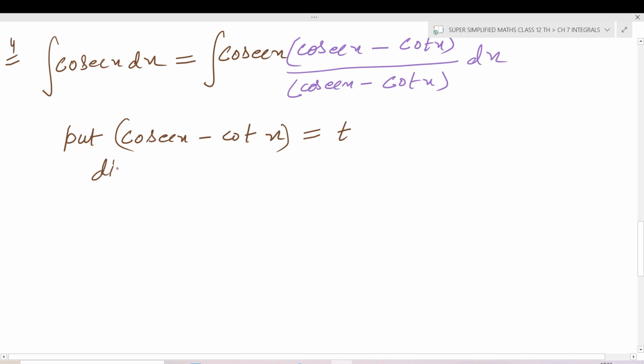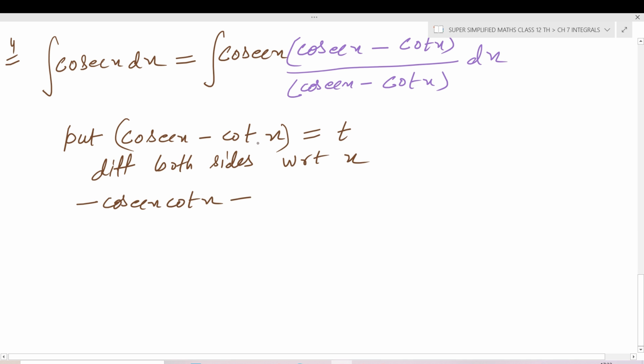Now differentiating both sides with respect to x, what do we get? You know the derivative of cosec x is minus cosec x cot x. Also you know the derivative of cot x is minus cosec square x, so it becomes plus cosec square x. On the right hand side you have t, so the derivative of t with respect to x will be dt by dx.